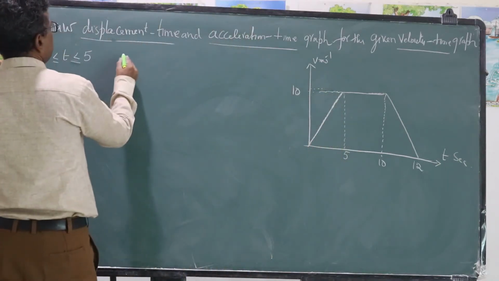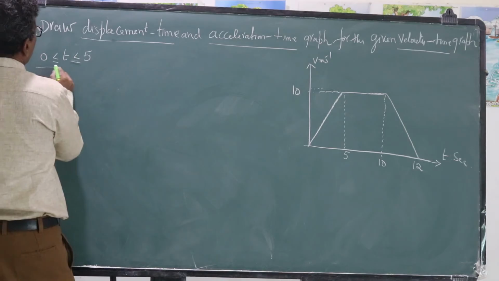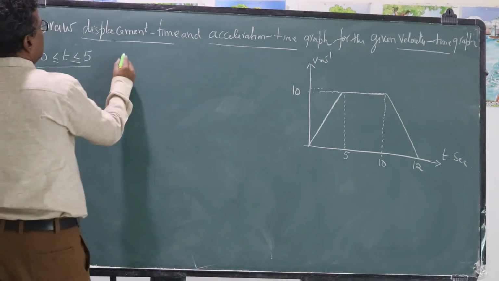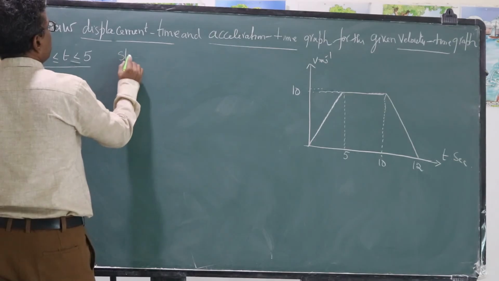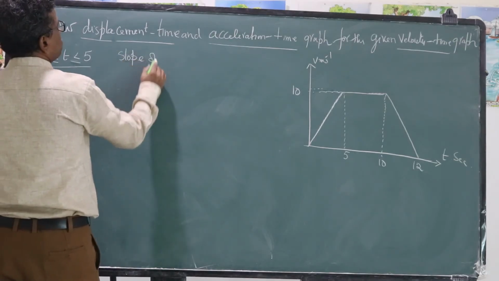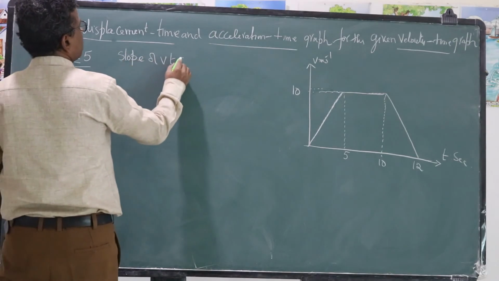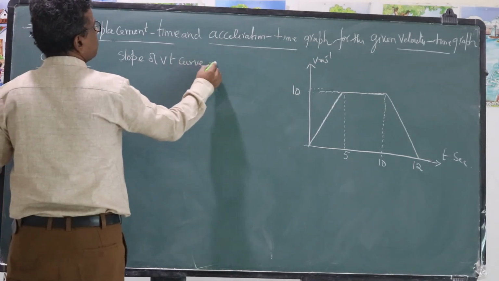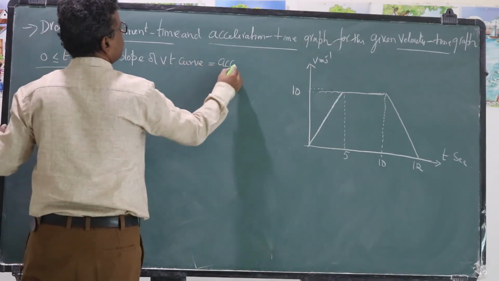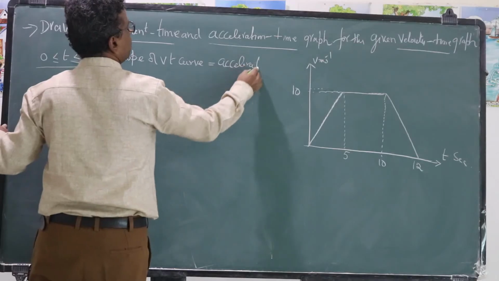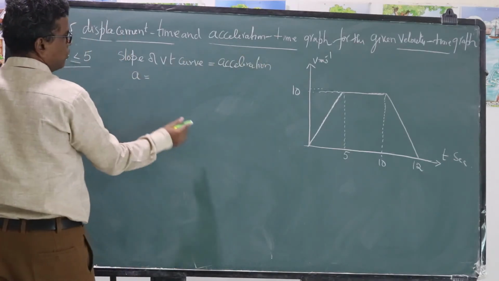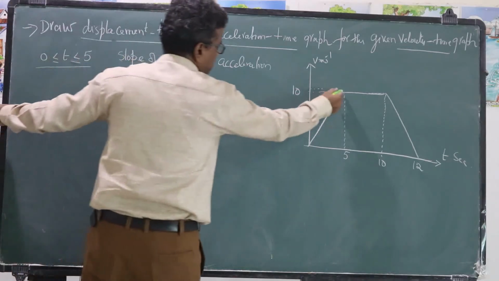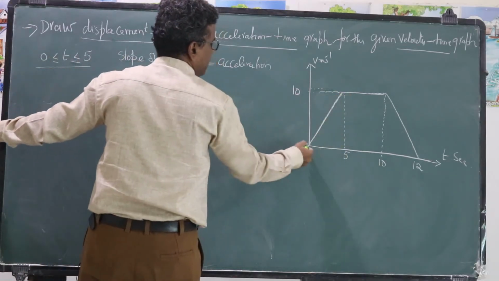So the first one is during 0 to 5 seconds. What is acceleration? The slope of the VT curve gives acceleration. We know this. So what is acceleration? A is equal to slope, which is tan theta. Tan theta is y coordinate by x coordinate.